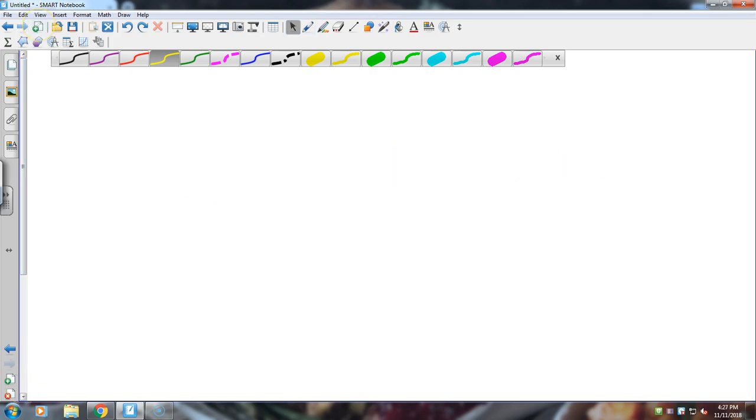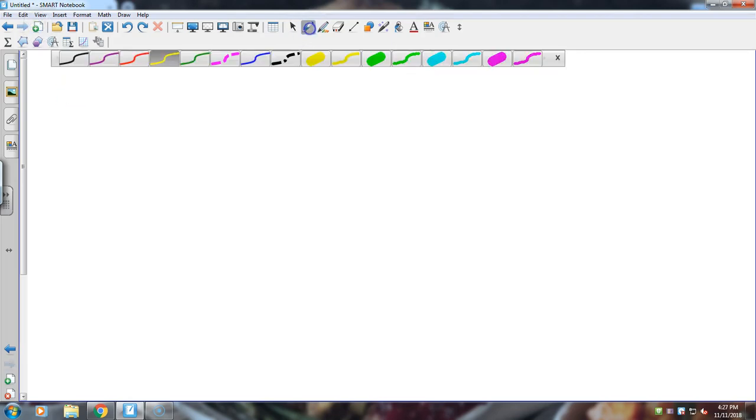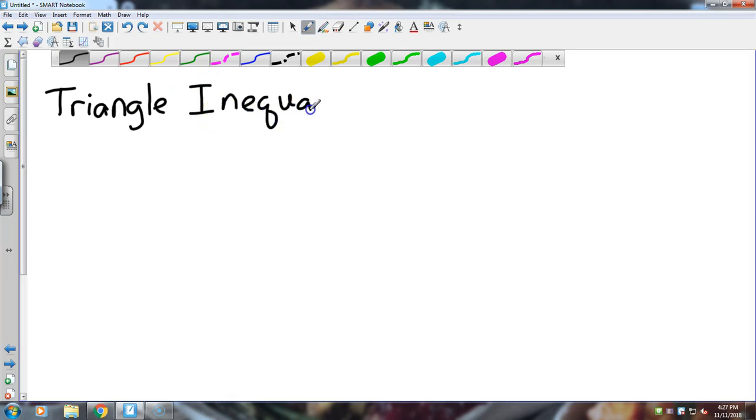So now let's look at one final thing. This is called the triangle inequality. It would seem that we could take any 3 lengths and we could make a triangle.